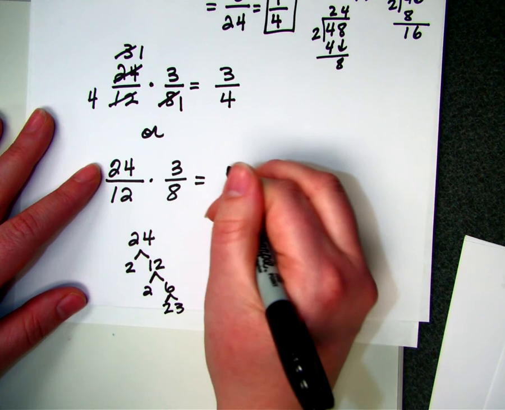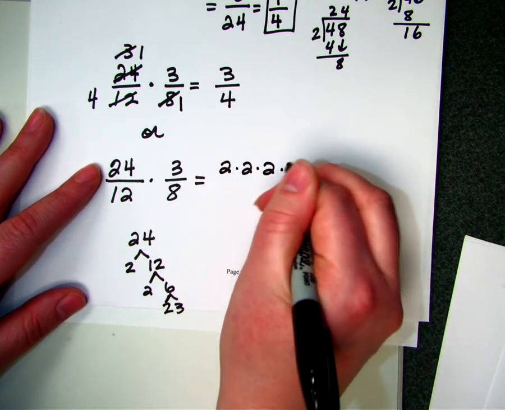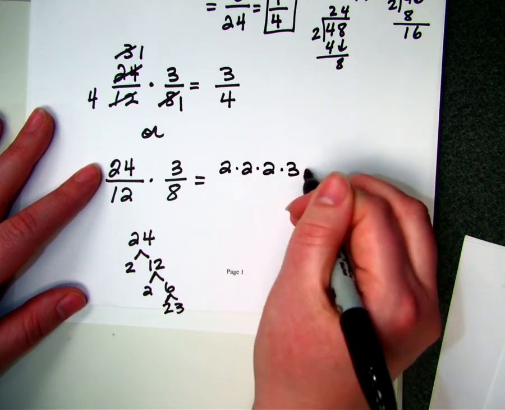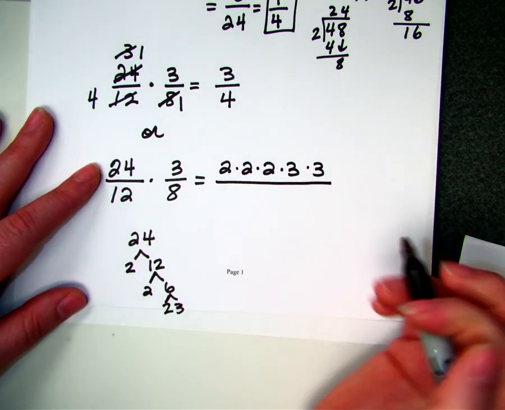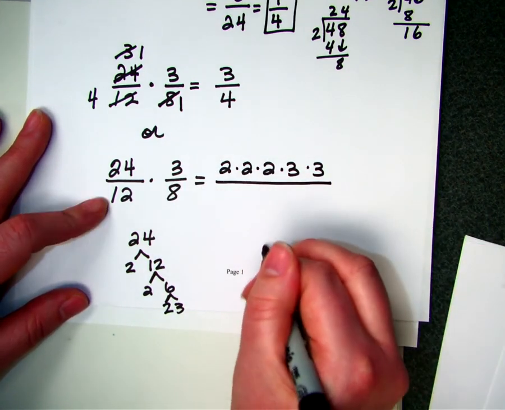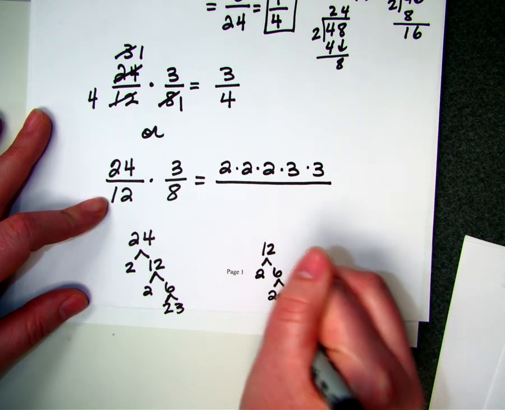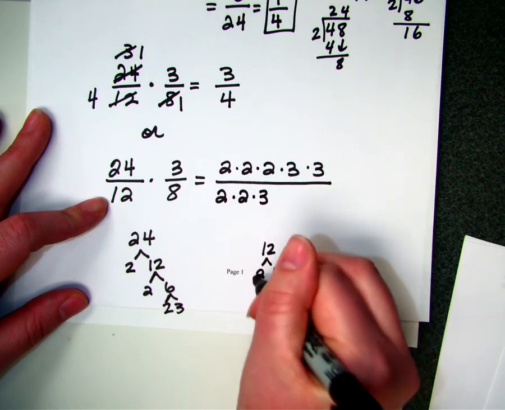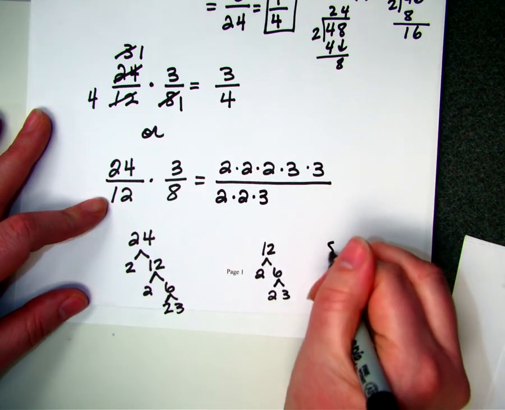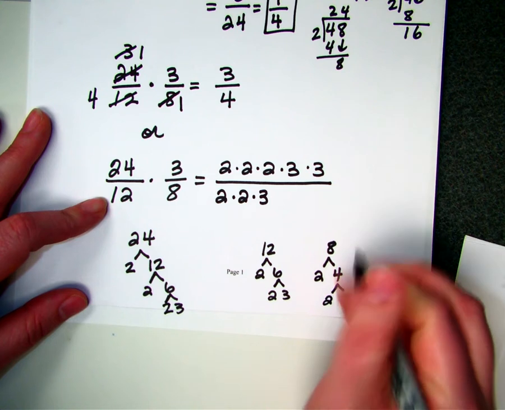So this 24 could be written as 2 times 2 times 2 times 3, times my next numerator of 3, over, and break down the 12. 12 is 2 and 6, 6 is 2 and 3, so 2 times 2 times 3, I'm breaking it down to its prime numbers, and 8 is 2 times 4 and 2 times 2.